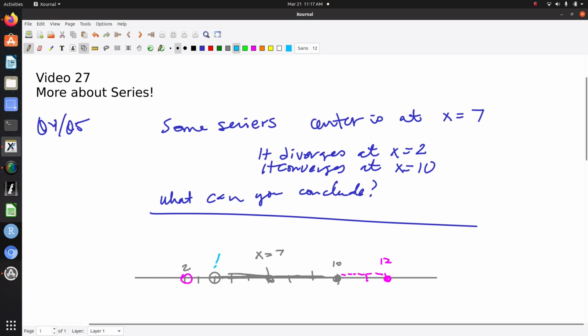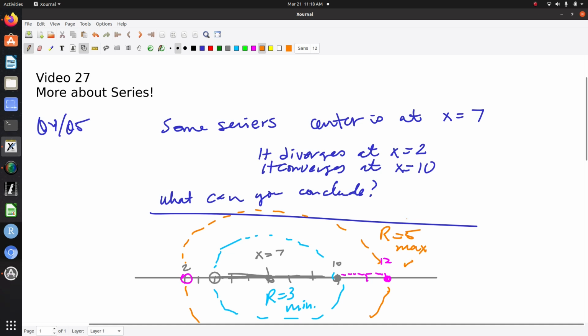Your radius has to be at least 3, and I'm going to imagine this is in the complex plane. Radius equals 3 is your minimum radius, and this is your maximum radius, and you get sort of like a donut shape, right? r equals 5 would be your max radius of convergence for this problem. Okay, max rad and min rad.